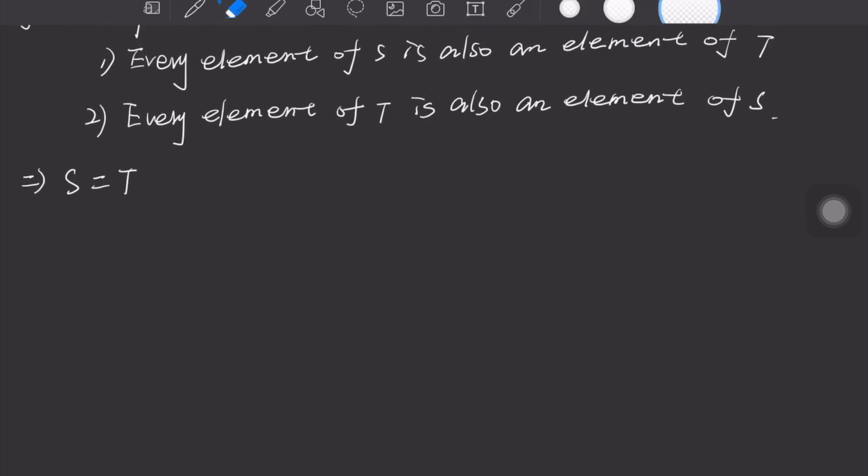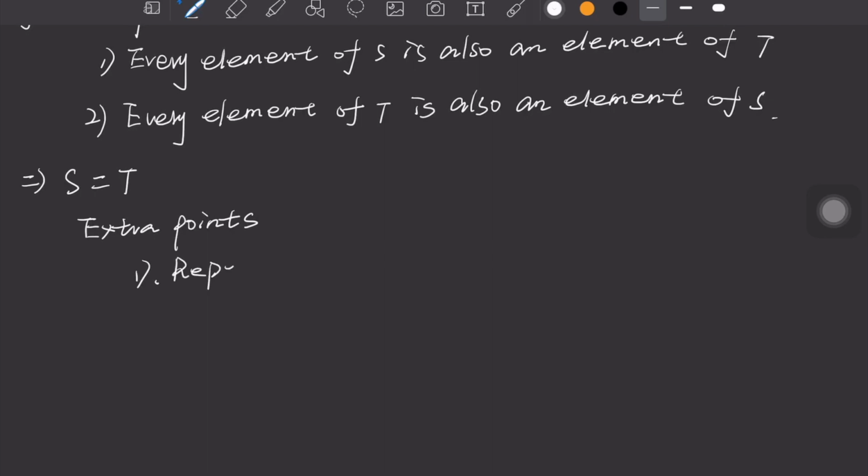But when we look at specific examples, we still have two extra points to consider. The first one is repeated elements.